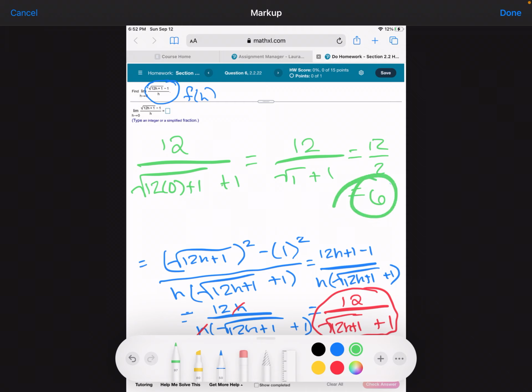Pretty cool. The key is that if you plug in and get 0 over 0, you need to play with it and see what happens. You should be able to get to a value.